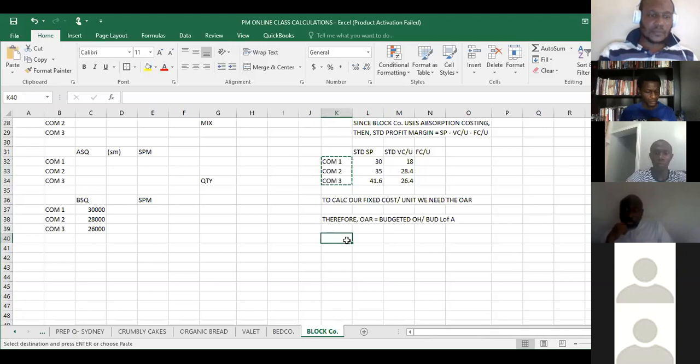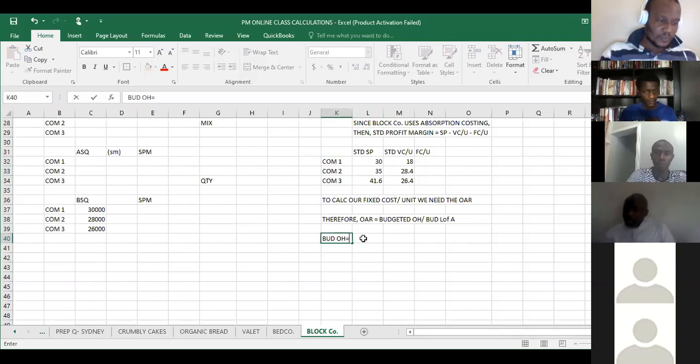All right. So our budgeted overhead is equal to how much they tell us their budgeted overhead was? 174,400. And then our budgeted level of activity.